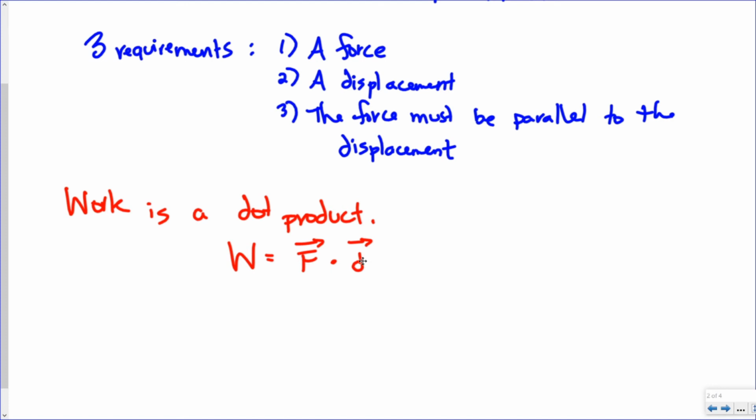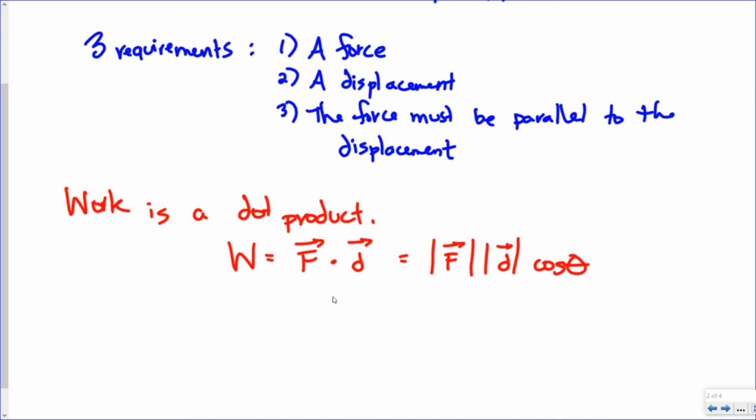Nice and easy. And if we talk about this being the dot product, then we can also rewrite this as, remember the dot product, they need to be going in the same direction. So we could rewrite this as the absolute value of the force times the absolute value of the displacement times cosine of the angle in between those two.